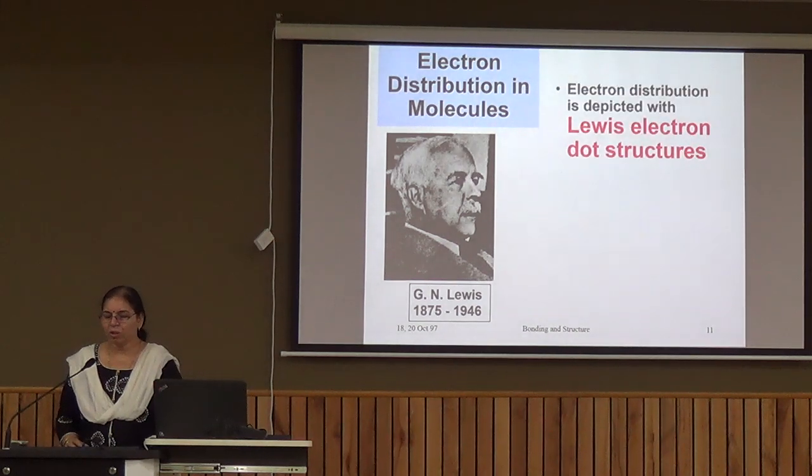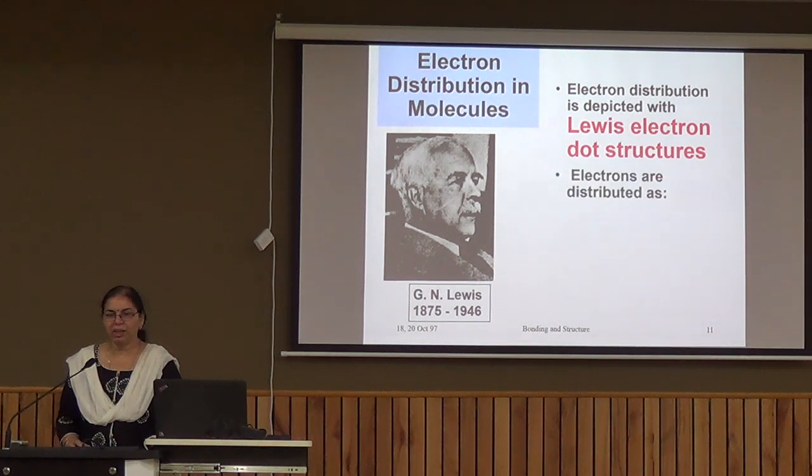Now electron distribution is depicted with the Lewis dot structure. Lewis dot structure is helpful in showing how the molecule is formed, because in that the sharing of electrons takes place between the electrons present in the outermost shell.